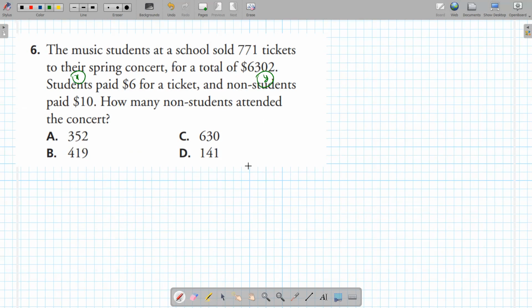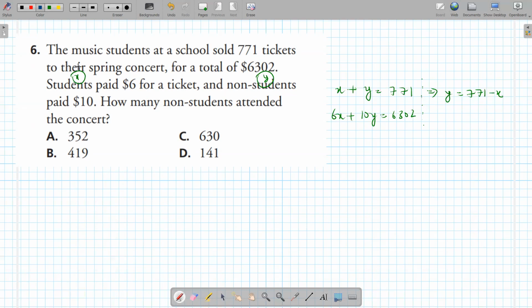What's going to be the first equation? x plus y equals 771. Right. What's going to be the second equation? 6x plus 10y equals 6,302. All right, 6,302.